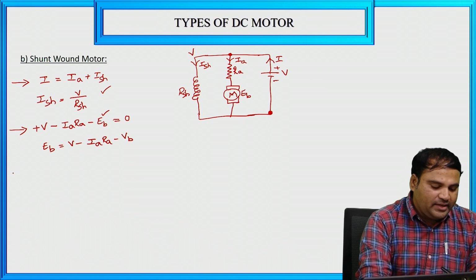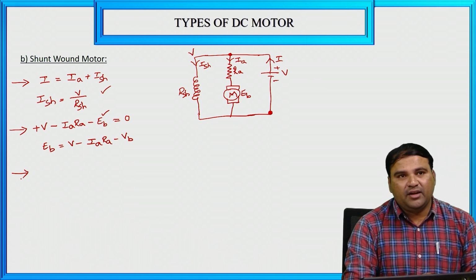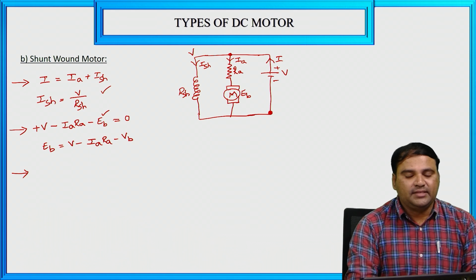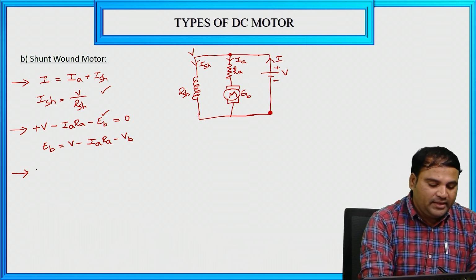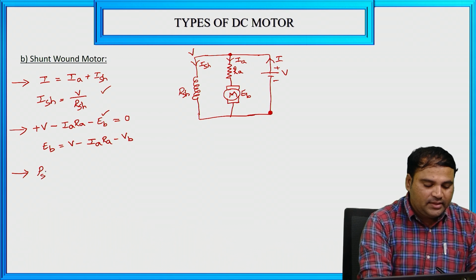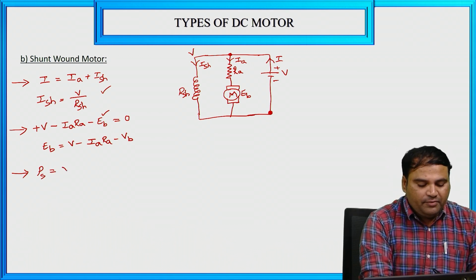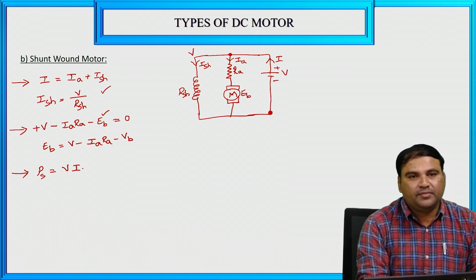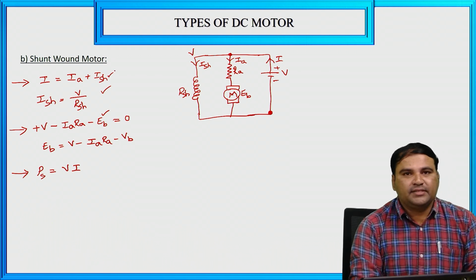And the third one is the power relation. The power relation of the shunt wound DC motor is: the power from the source, PS, is equal to V into I, where I is nothing but IA plus ISH.